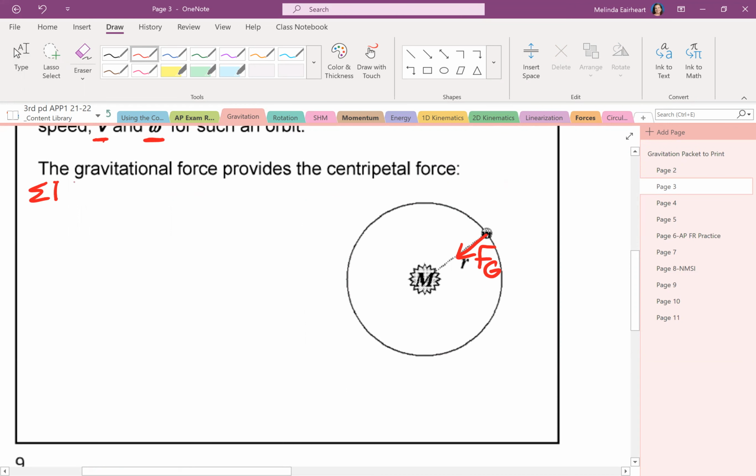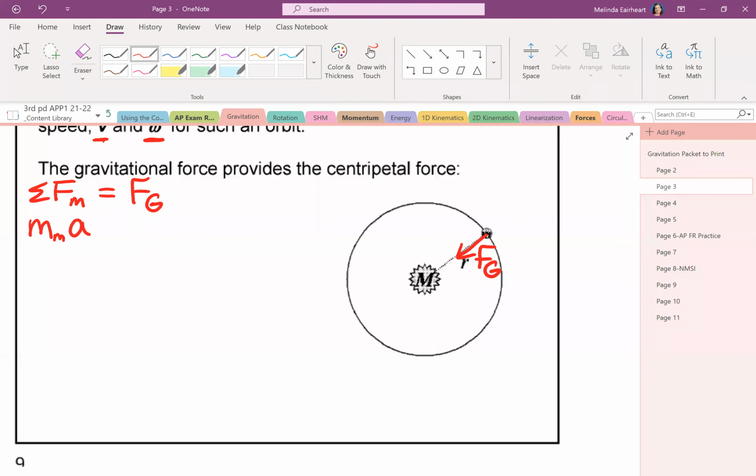So F net for the satellite, little m, equals F big G. Break each of them down. We've already done this once. F net equals MA, which mass? The little m. What kind of acceleration is this little mass experiencing?